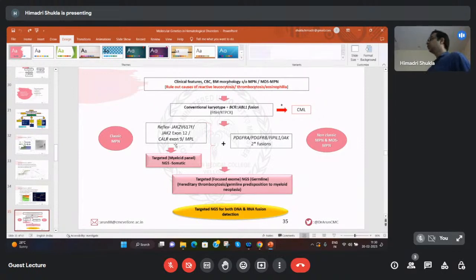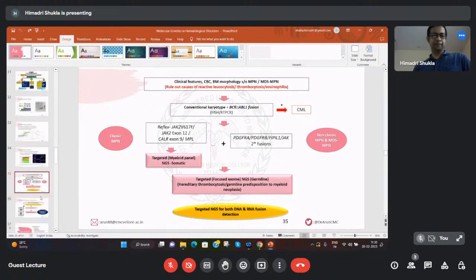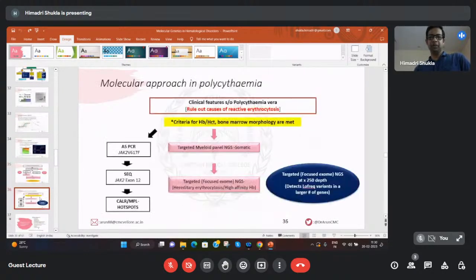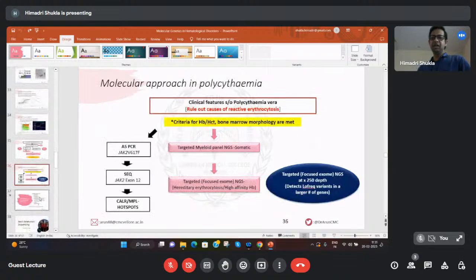In those cases we do next generation sequencing. More often than not, they will have some other mutations, like SF3B1, ASXL1, TET2, etc. You don't have to remember all this, but you have to know that there is an entity called triple negative MPN. So if it's PV, we don't generally look for CALR or MPL, because it's almost always only JAK2 mutations.